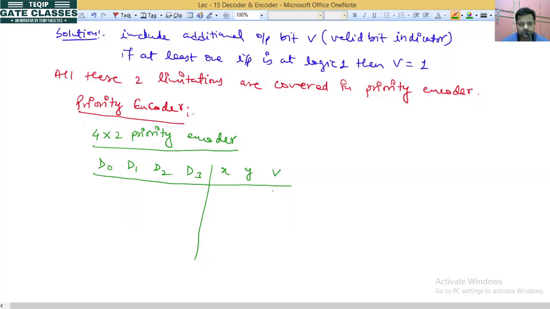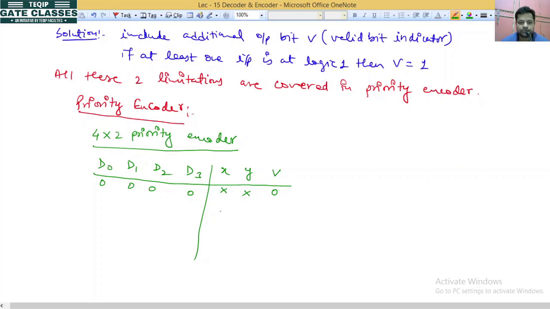So when all inputs are 0, whatever the value of X and Y, V is going to indicate which combination is valid. So this is not valid because we have V as 0. Okay, na, so this combination is not valid.